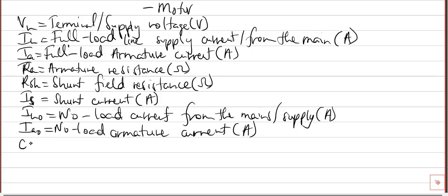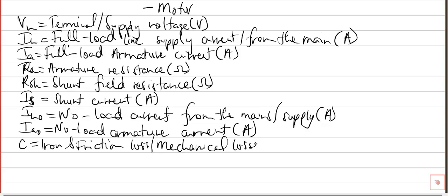We discussed C earlier on. We said these are iron and friction losses. These can also be called mechanical losses. Constant losses. We have friction and windage.